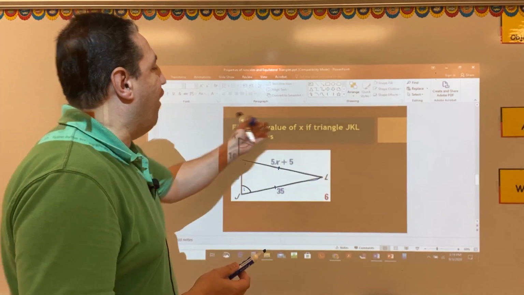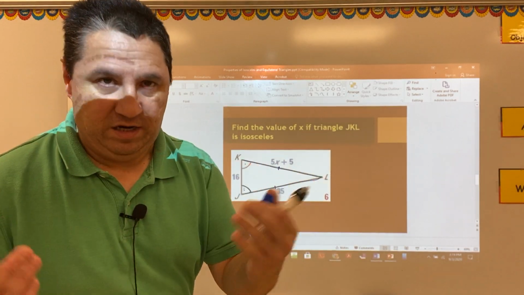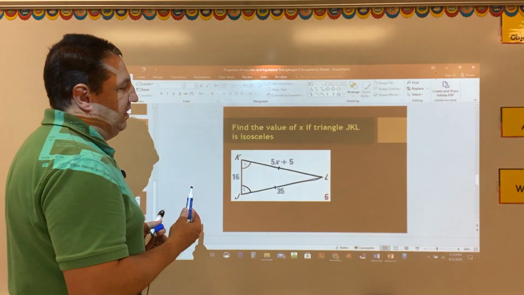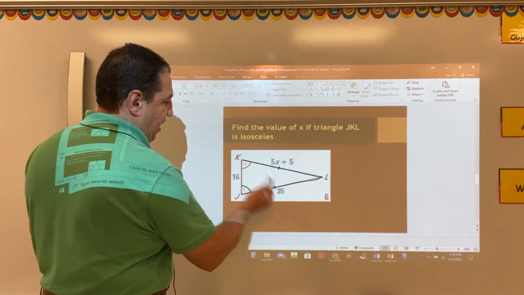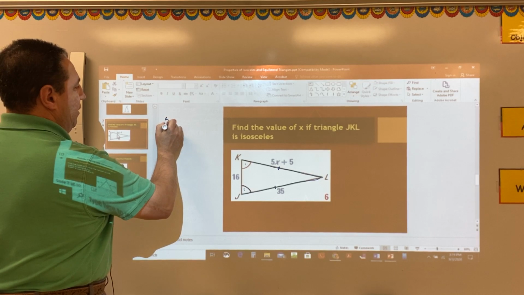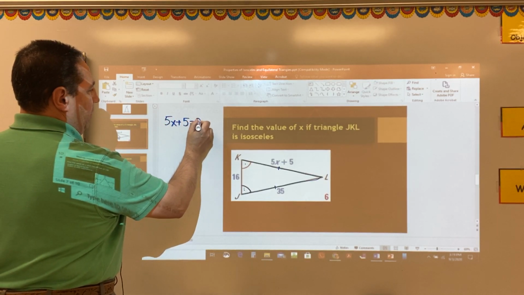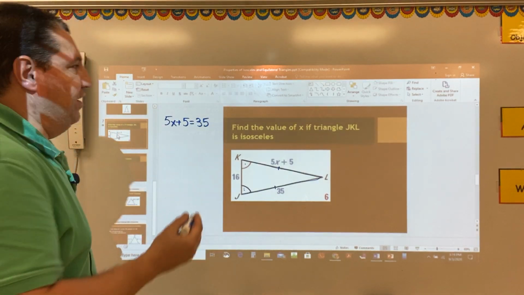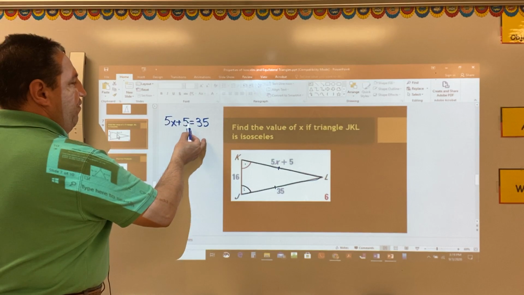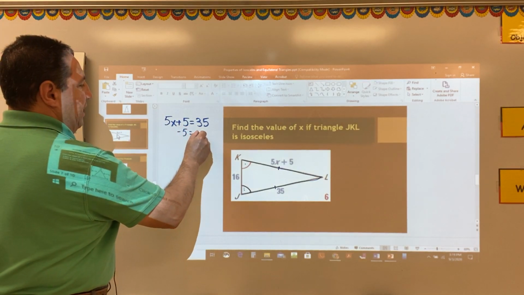Now, it says find the value of x. To find the value of x, we need to set up an equation. What's the equation? Of course, it is 5x plus 5 equals 35. Let's write the equation, and we simply solve for x. First, we get rid of 5. We subtract 5 on both sides.